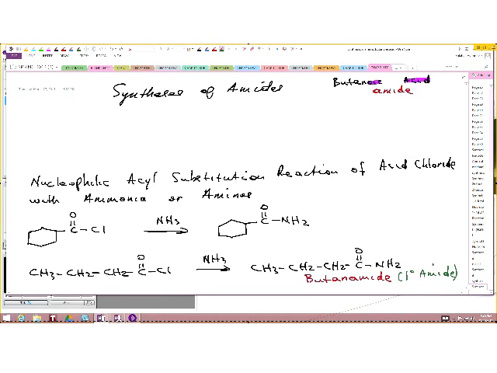Now supposing we want to make a secondary amide. Use the same acid chloride.